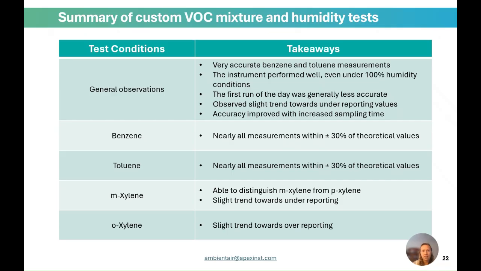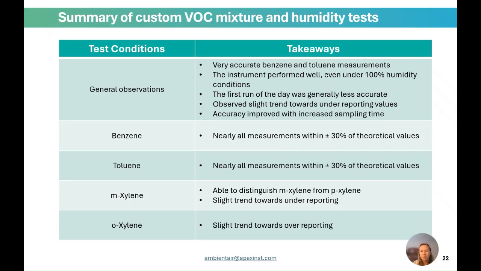Finally, I just wanted to quickly summarize the results from all of these studies. We exposed the VOC analyzer to different benzene concentrations, to various mixtures, and to various humidity levels. In general, we saw very accurate results for benzene and toluene measurements. The instrument performed well under all different humidity conditions.